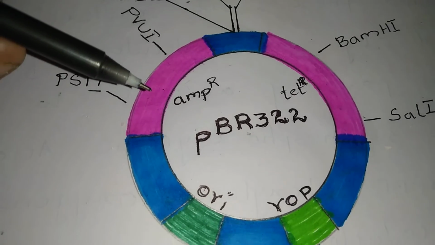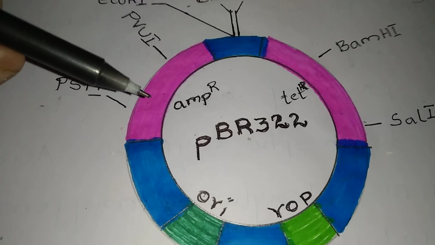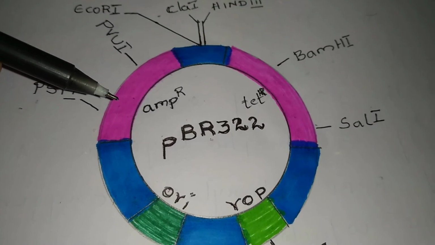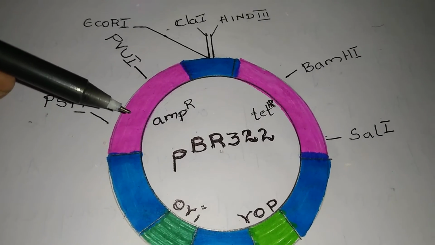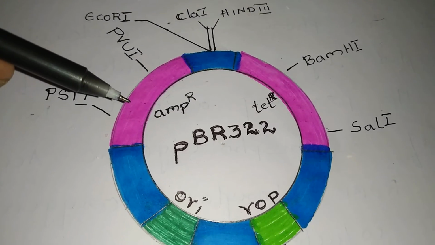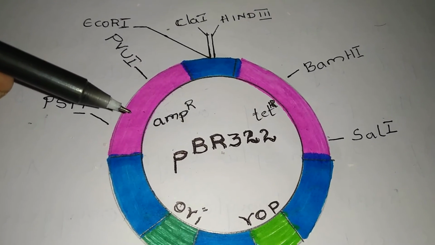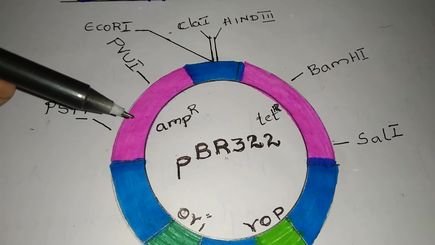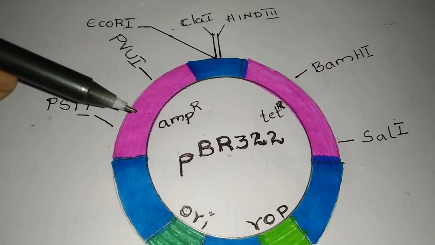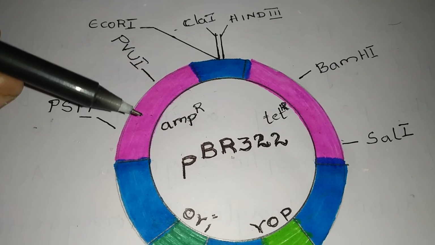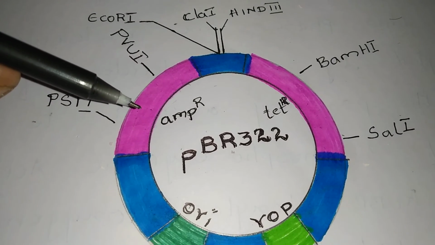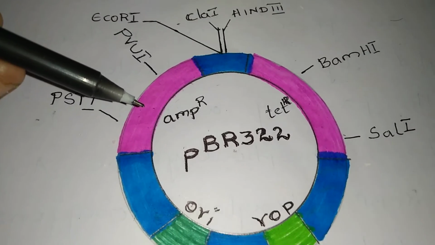As a result of which beta-galactosidase enzyme is not produced. When this enzyme is not produced, the cleavage of lactose into glucose and galactose will not take place, and there is no appearance of blue colored colonies. Instead, the colony remains white in color.